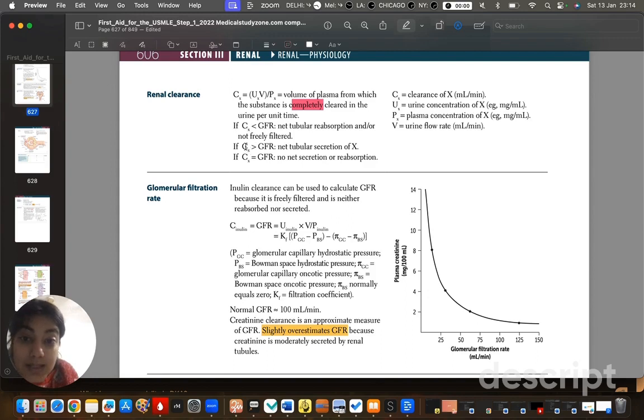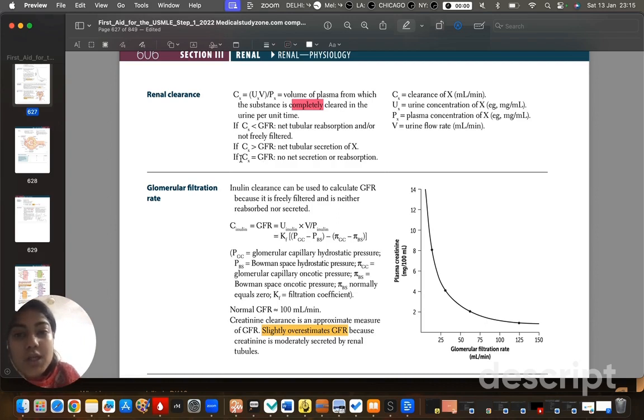If the substance clearance is more than GFR, which means more of it is being cleared than is actually filtered, that means it is also secreted in the tubules. And if it's the same, there is no net secretion or reabsorption. That means it's freely filtered.